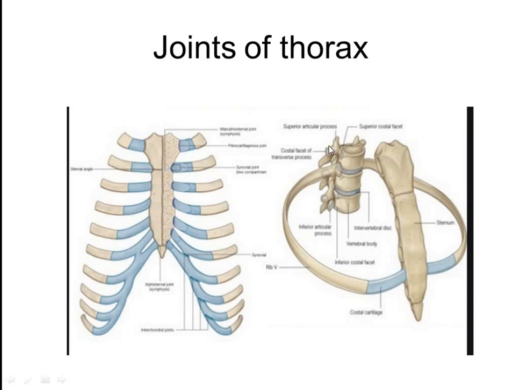This is how the costal facet is present on the transverse process. So this is the fourth thoracic vertebra. So the fifth rib is articulating with the fifth transverse process, the body of the fifth thoracic vertebra, and partially at the inferior side, the body of the vertebra above.